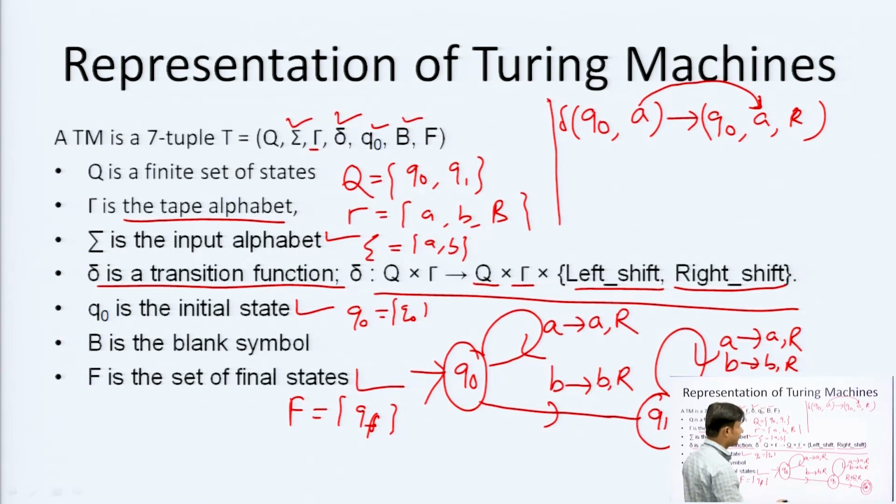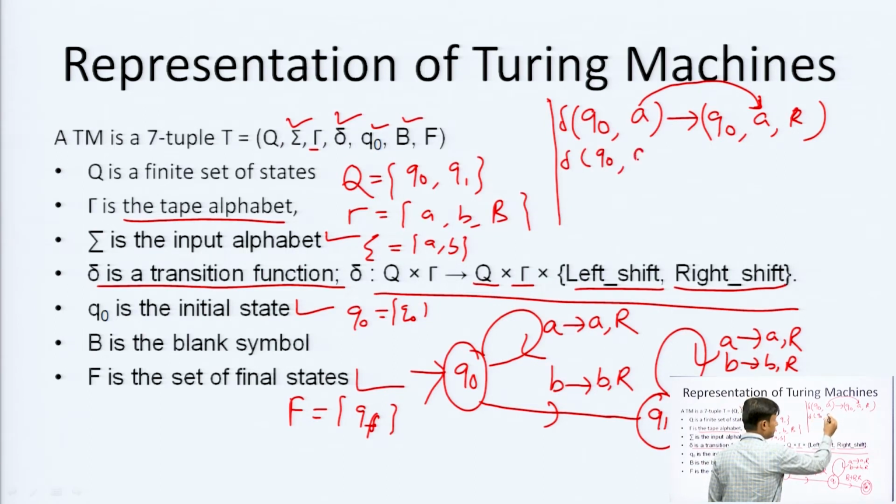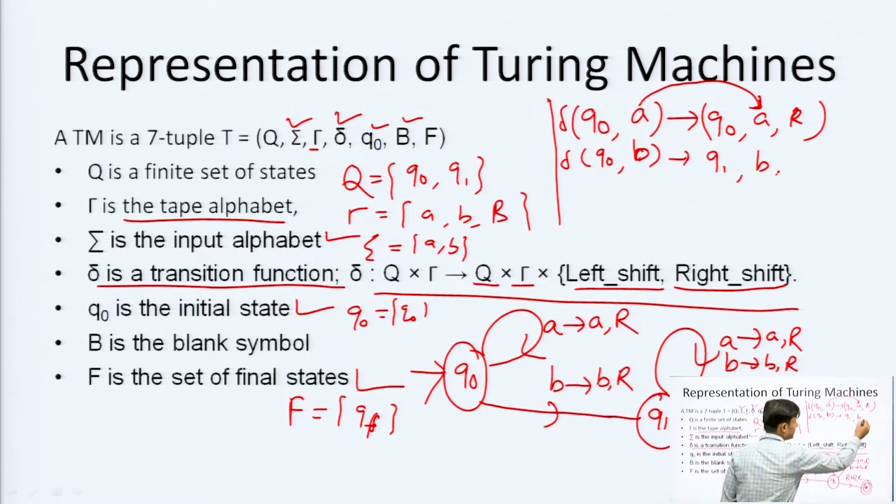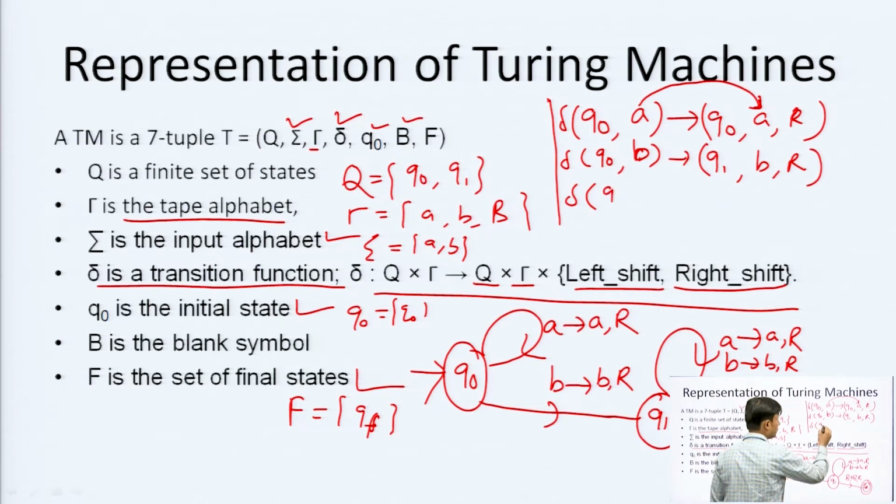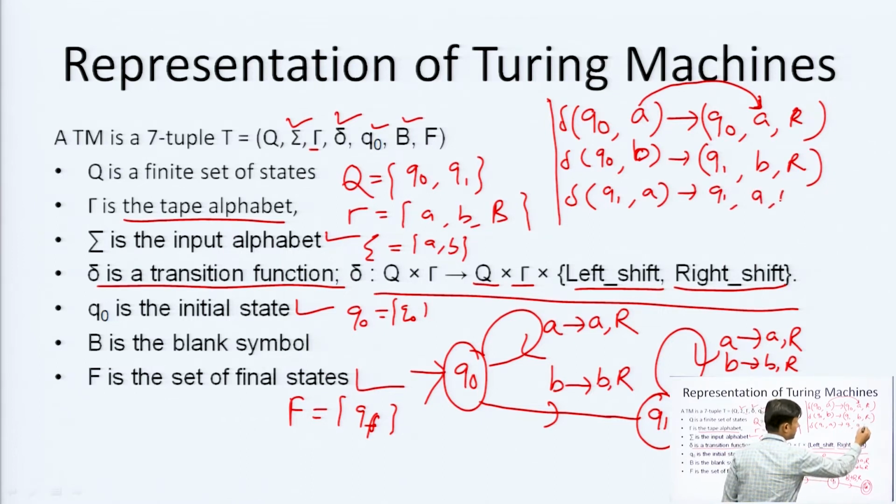So here another transition is there. You see here delta Q0 and A, this is B, then this is Q1 and B, this is right. Now another transition function is there: Q1, A goes to Q1, A, then move right.